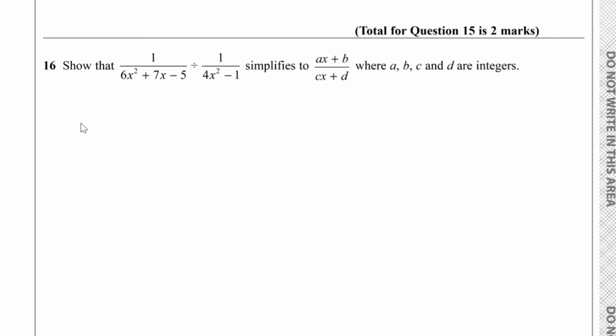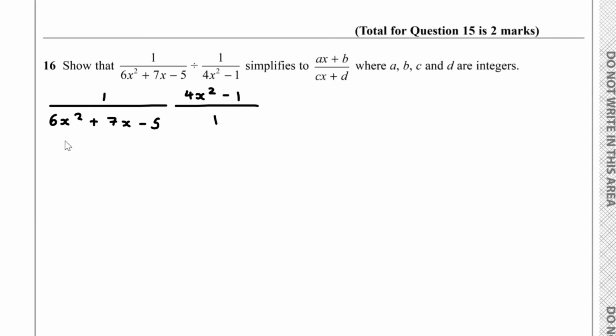So we would have 1 over 6x squared plus 7x minus 5 multiplied by 4x squared minus 1 over 1.